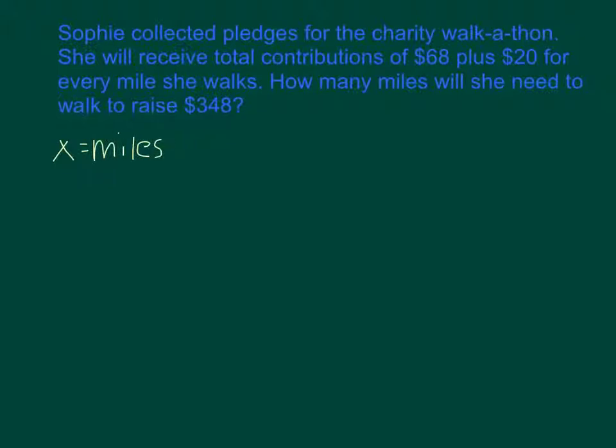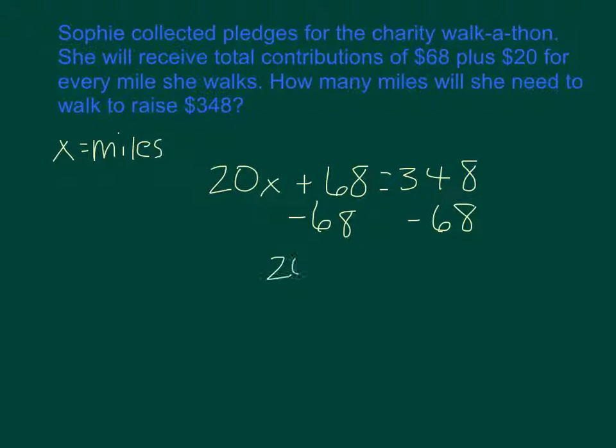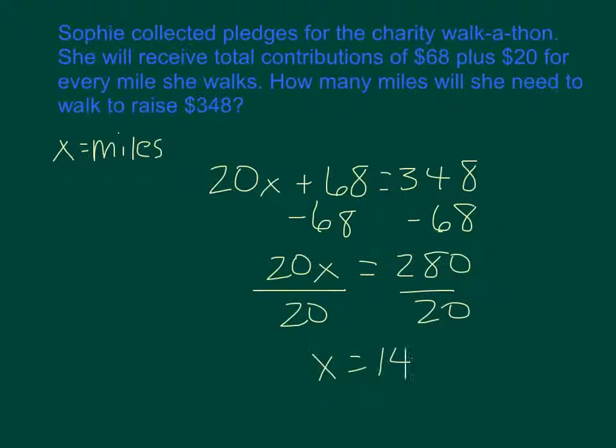So what I'm going to do to figure out her total money is she gets $20 a mile, so 20 times x, plus $68, and that should give me the total of $348. So I solve, subtract 68 from both sides. 20x equals $280, divide by 20, and x equals 14. So she needs to walk 14 miles.